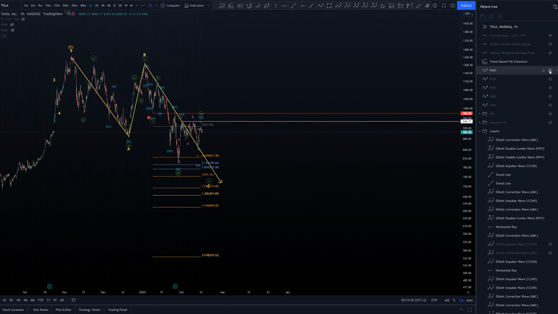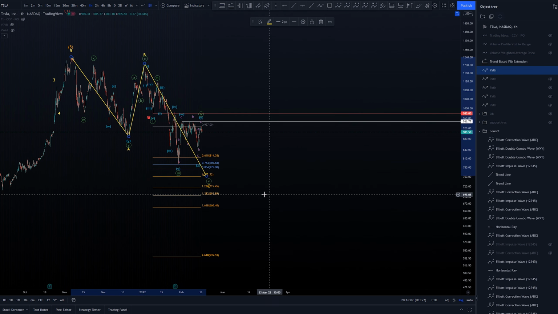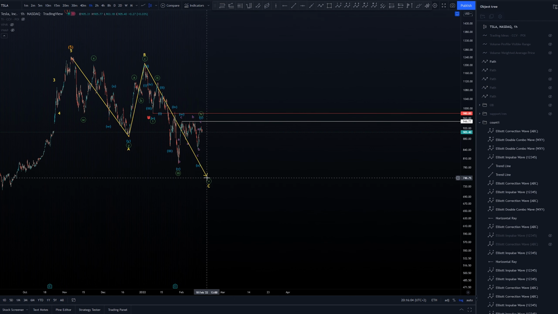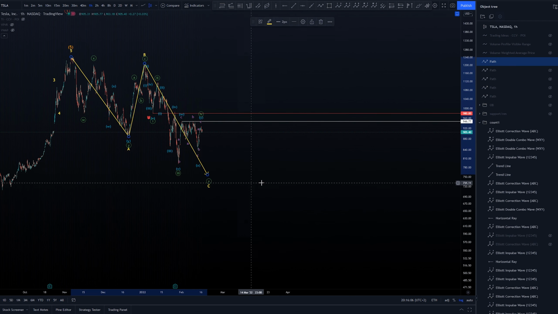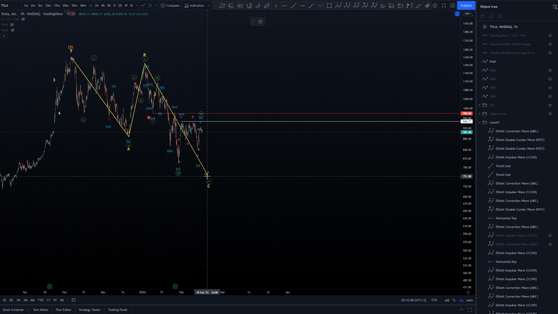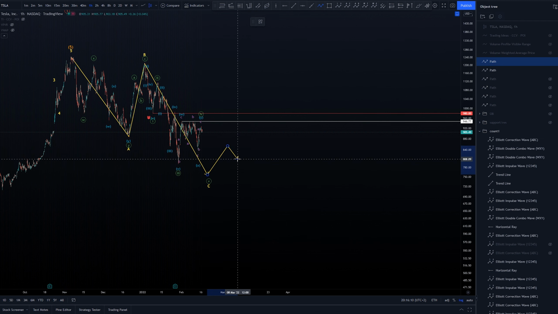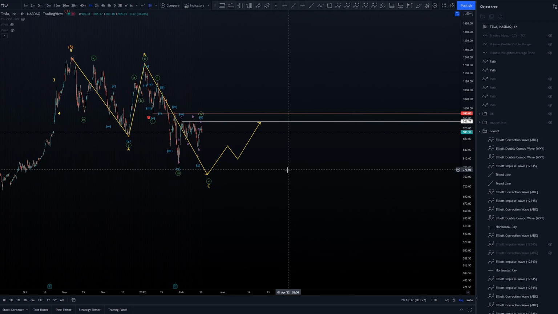Currently, this is what we're looking at. So the first, or C wave, comes down here, and depending on what kind of structure we make here, if it's a 3-wave, then Tesla is in trouble. If it's 5 waves, there's no certainty.